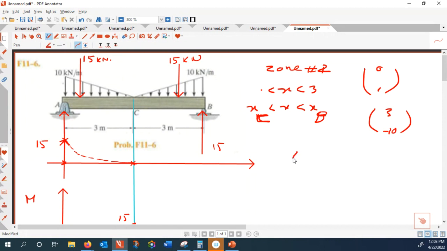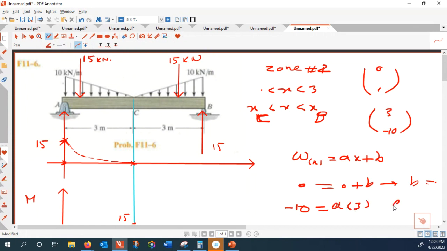So if I write my expression as w of x equal to ax plus b, I simply try these points. So 0 is equal to 0 plus b. That gives me b equal to 0. And then minus 10 is equal to a times 3.